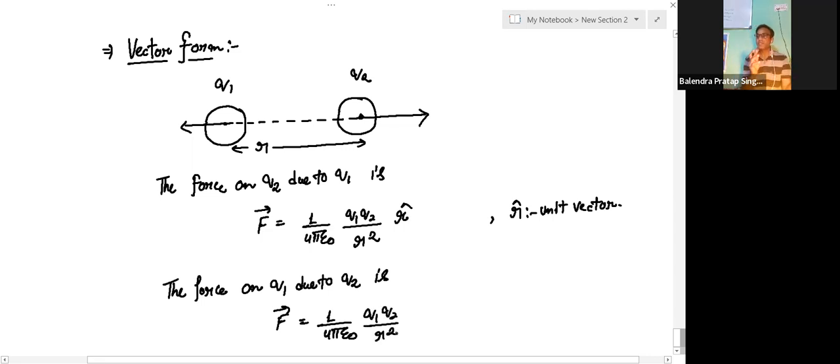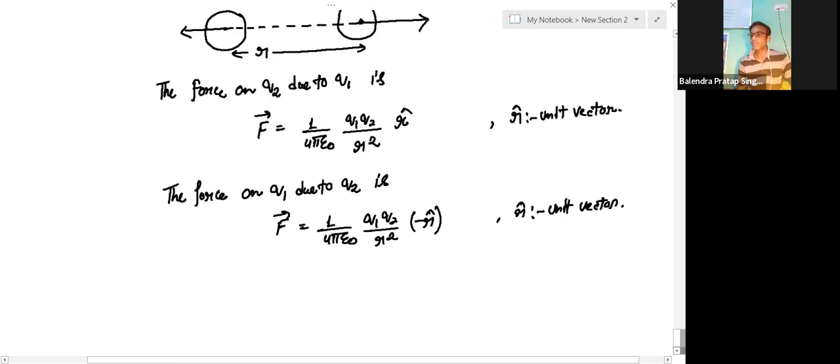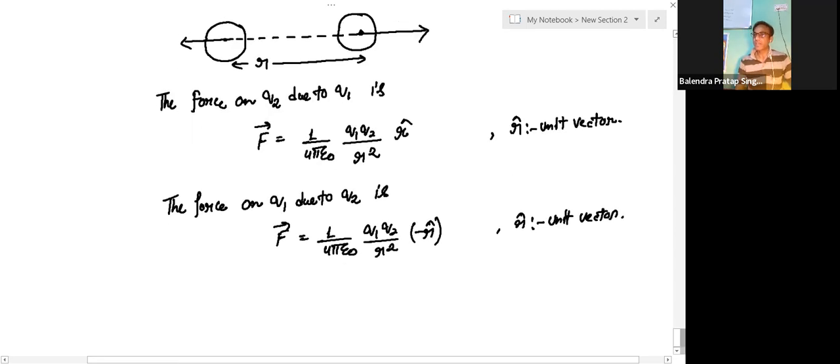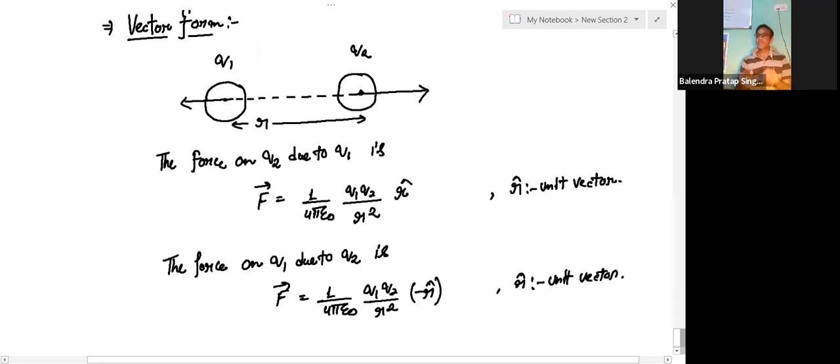It is in the left hand side, so I can write here minus r cap, where r cap is again a unit vector. In this way we can define a direction, or the vector form. If the force is in the right hand direction, we consider it positive, and if the direction of force is left hand side, then we consider it negative. Is it clear?